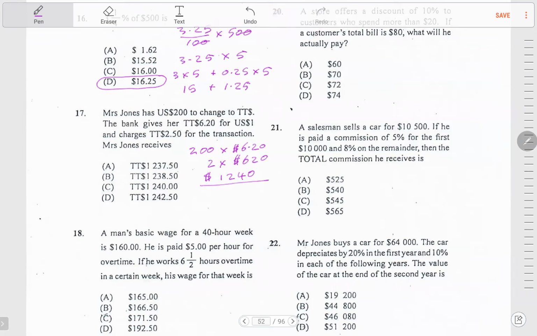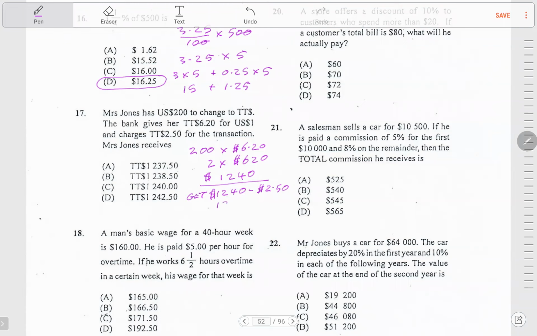But then she has to pay $2.50. So the amount that she receives is the 1240 minus $2.50. She is giving away $2.50, so she gives $2 first.